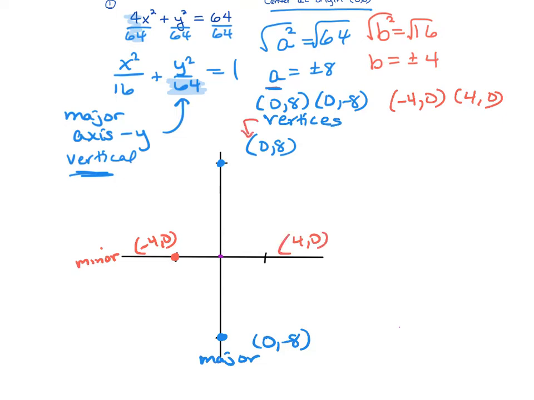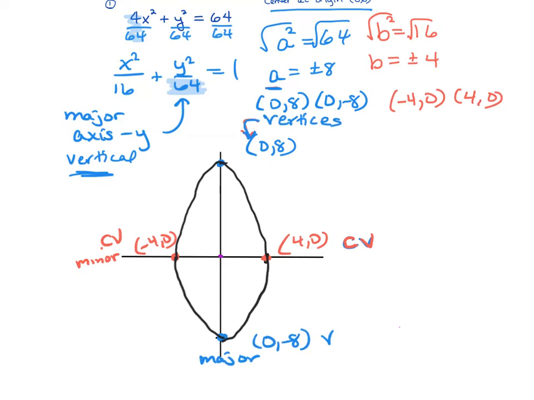So this is the vertex. And over here is a vertex. These are the co-vertices. Let's do them in red. Co-vertices. I'm going to go ahead and connect the red and the blue dots and create my ellipse shape. And I need to make it kind of circular, actually ovalish. And this is my ellipse.